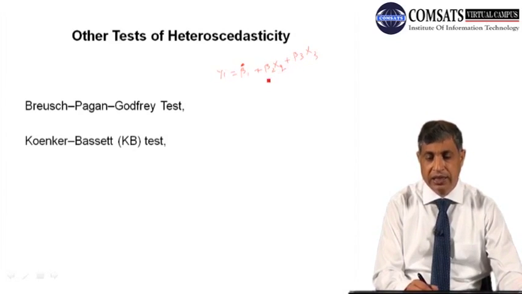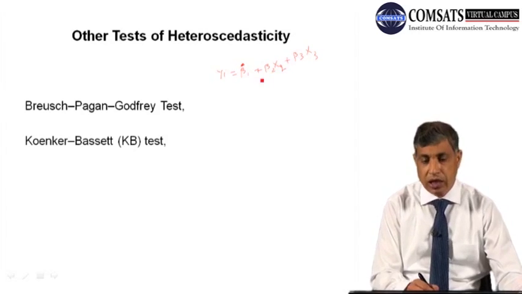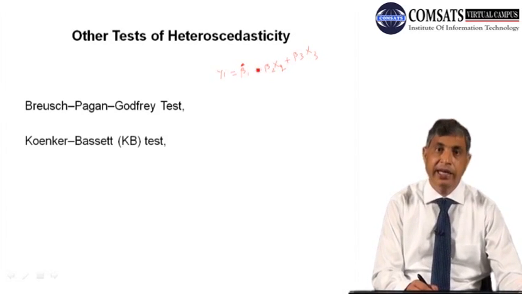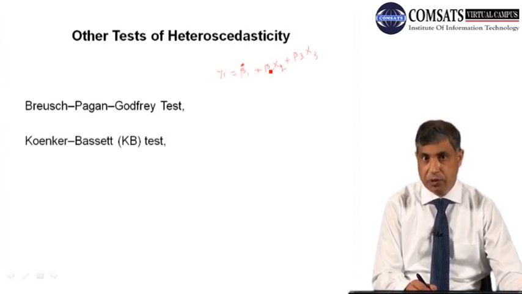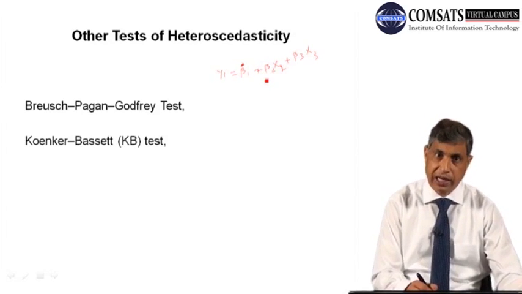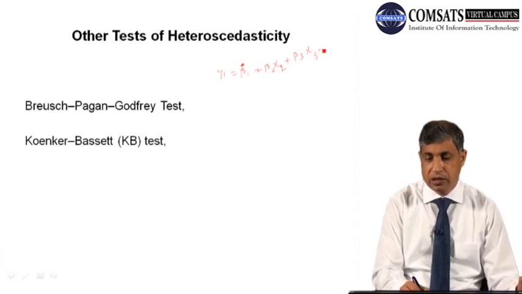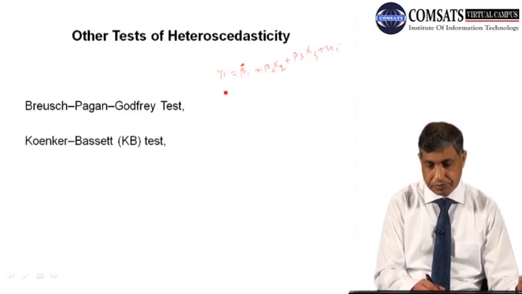You will be thinking where is the X1? I am showing that X1 is here and its power is 0, and as its power is 0, it is equal to 1. We do not write it with beta 1.